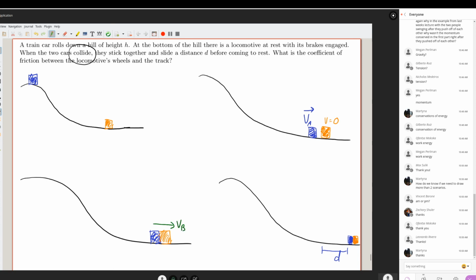So in this problem, remember, conservation of momentum only gets me from a split second before the collision to a split second after the collision. So getting from this picture to that one is conservation of momentum. But there are no collisions happening as the thing slides down the hill. So Martina, you're the one who asked, what technique can I use to get from picture 1 to picture 2?